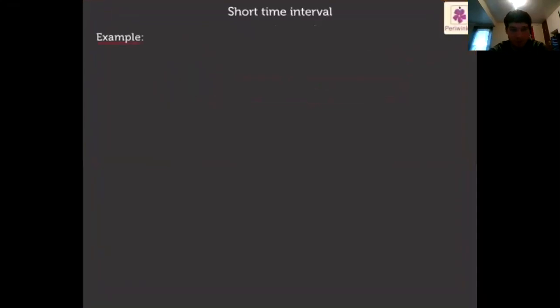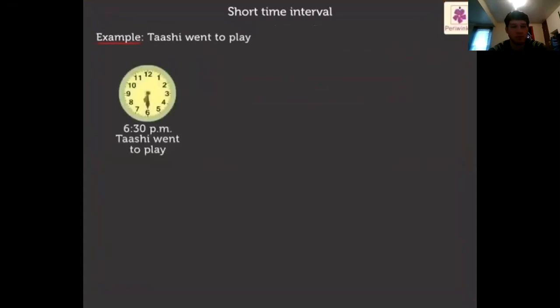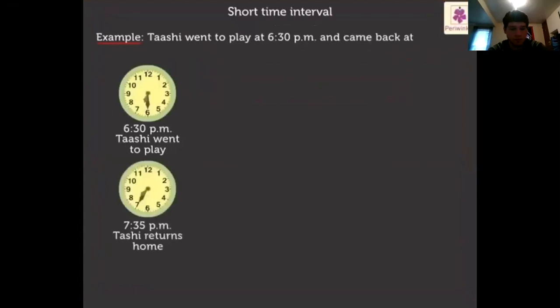Let's understand it better through an example. Tashi went to play at 6:30 p.m. and came back at 7:35 p.m. How much time did she play in the evening?